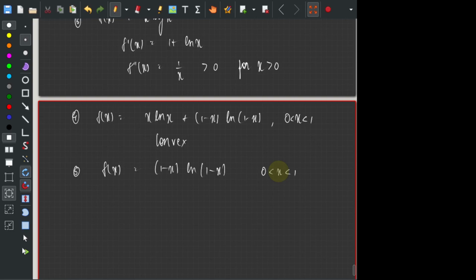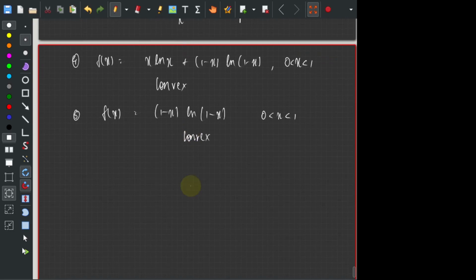Yeah, it's convex. Okay, any other examples?